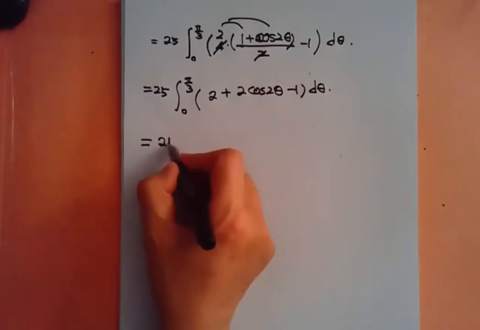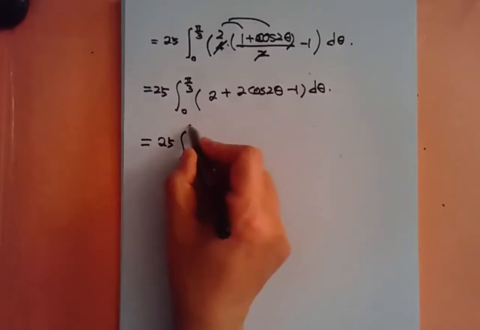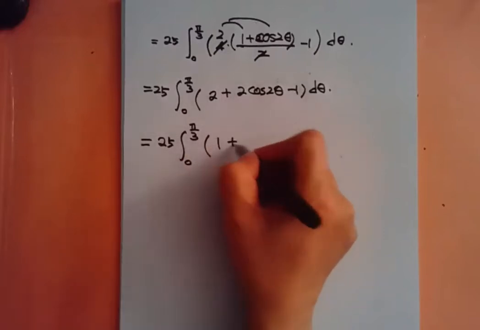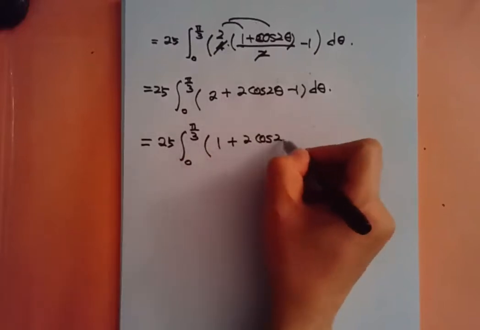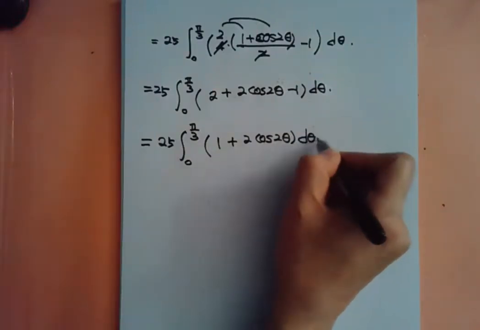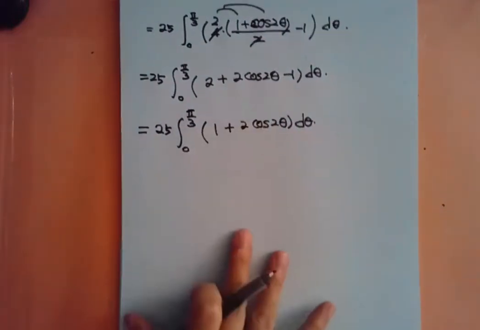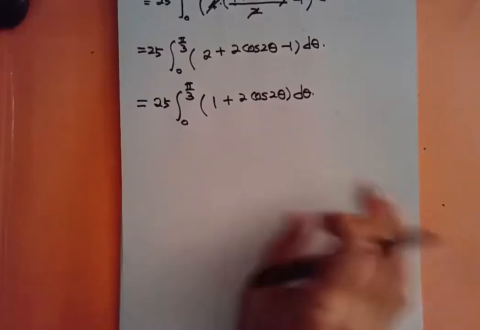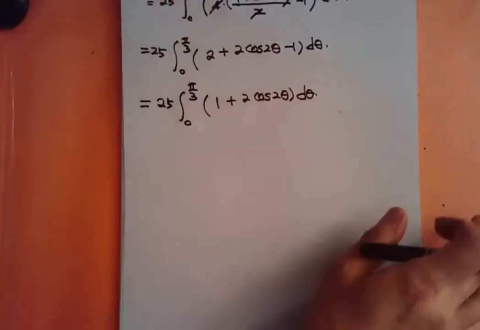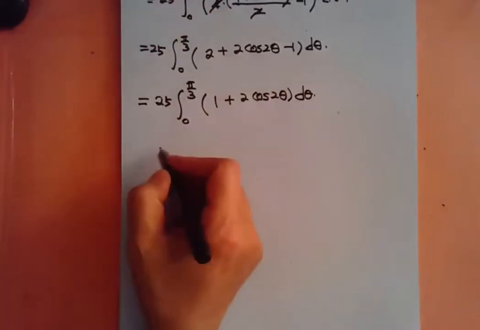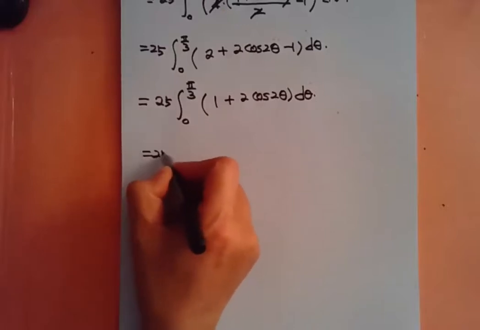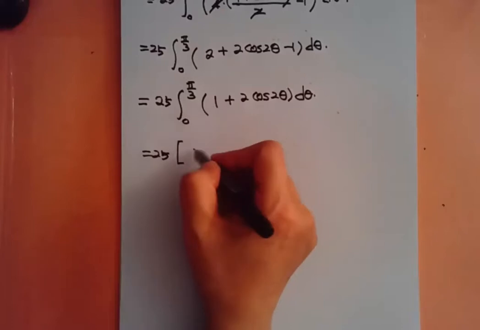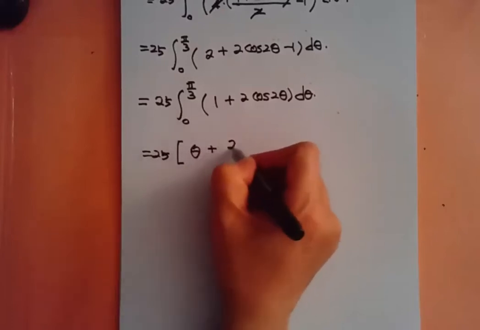So this is 25 times the integral from 0 to pi over 3 of 2 minus 1, which is 1, plus 2 cosine of 2 theta d theta. So this is 25 times the integral of 1, which is theta, plus 2.